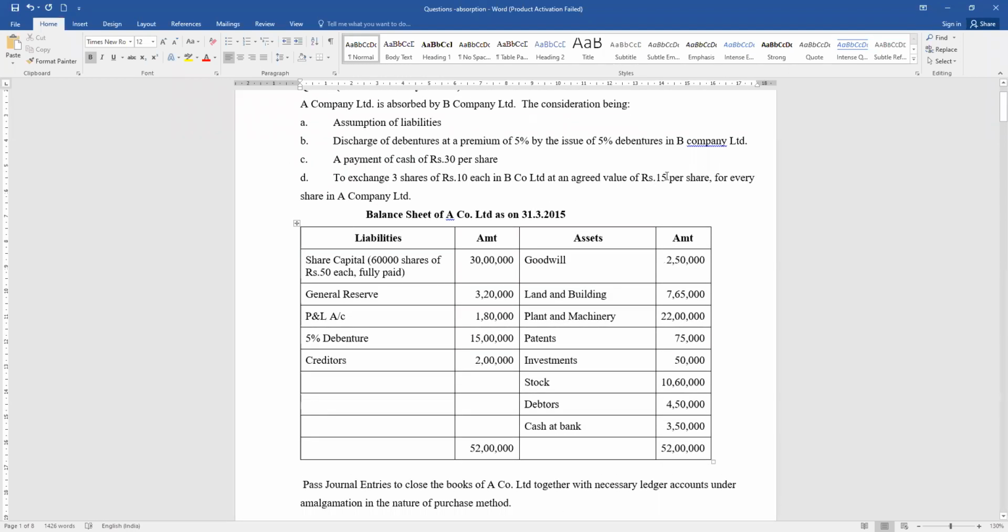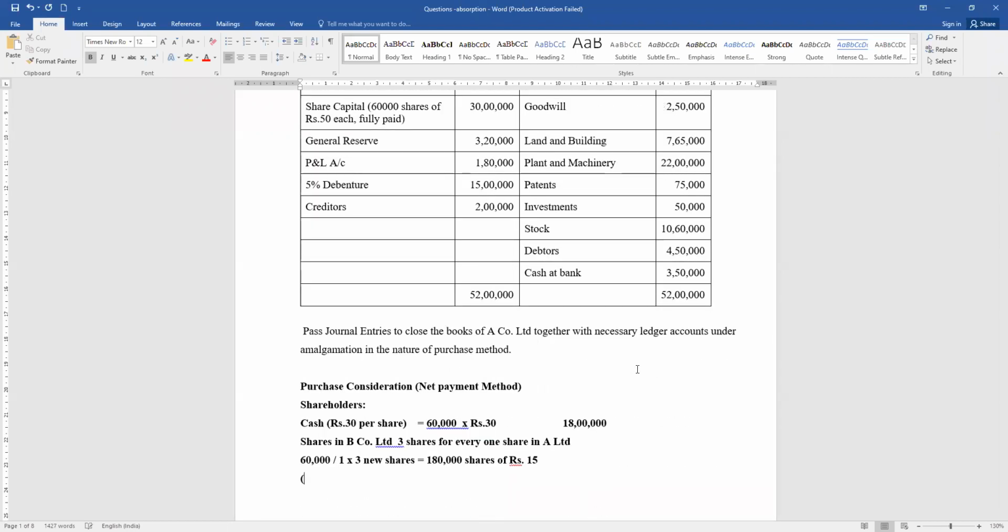That means 10 rupees is capital and 5 rupees is premium. So issued at 10 at a premium of rupees 5. That means 15 rupees. So 1,80,000 into 15 rupees. How much is it coming?